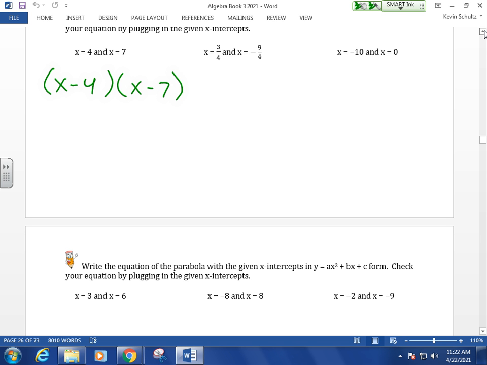Because remember, the 4 and the 7 are the numbers that would make these parentheses equal to 0. Okay, that's why it's a -4 and a -7. And once we're here, foil, crab claw, box it, whatever you want to do, you'll end up with x squared minus 11x plus 28. And there's your original equation of the parabola.